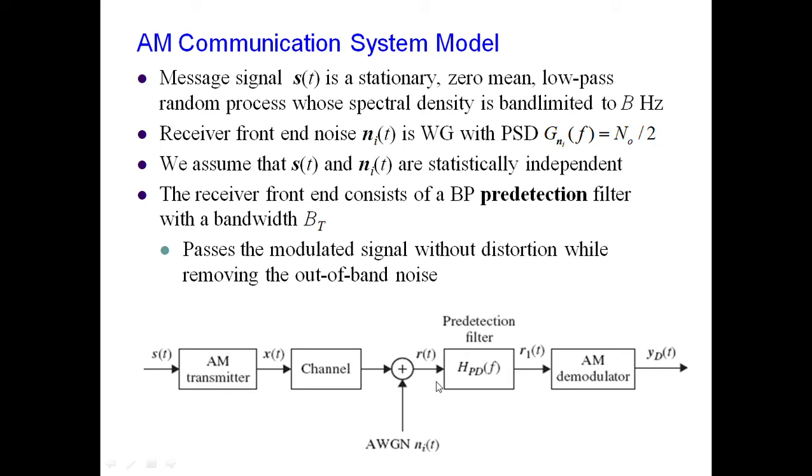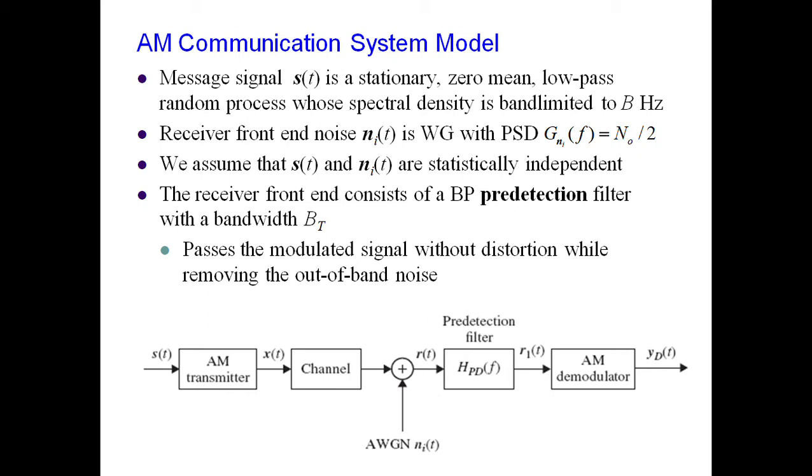In the receiver part, this is the received signal, and we will have a filter. H is the transfer function, and then this is pre-detection and this is post-detection. After it comes to the demodulator, it will be demodulated here. Basically we will multiply by 2 cos 2πfct, and then we will have the original signal back at this point.